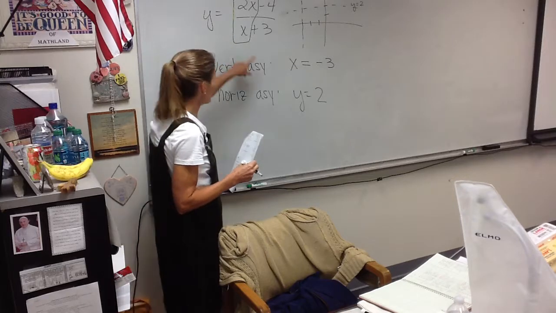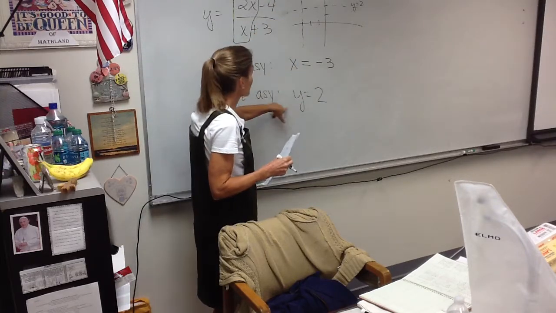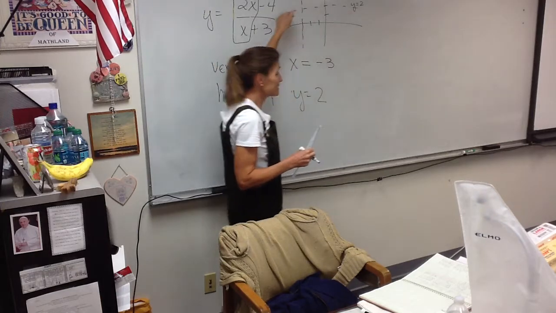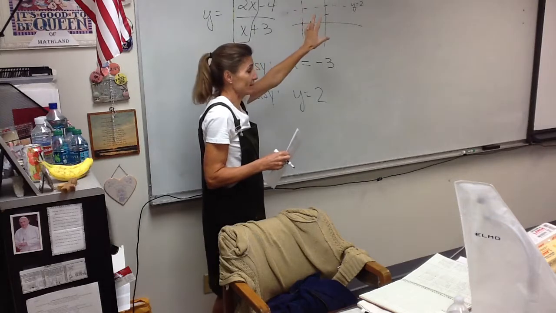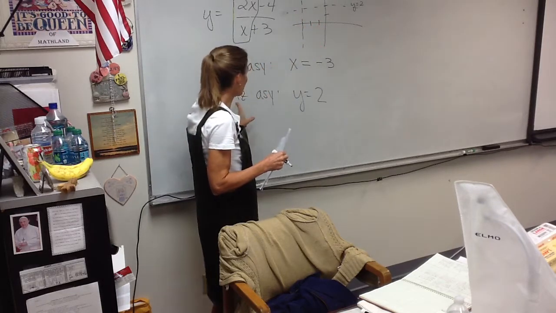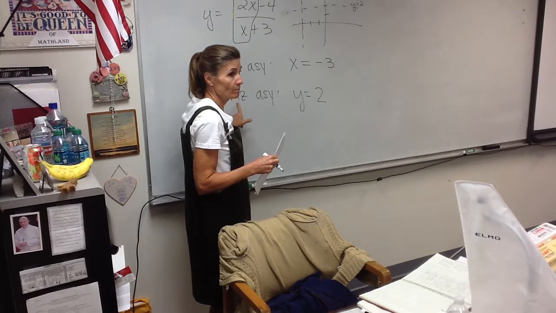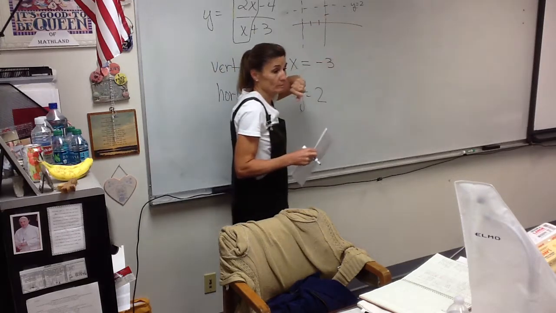Vertical means up and down. Horizontal means sideways. Do we shade? We don't shade. We don't do anything. Horizontal is the way across. Y equals 2, so you count up 2.